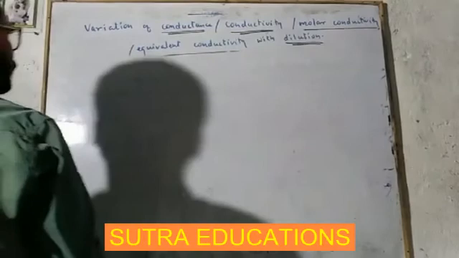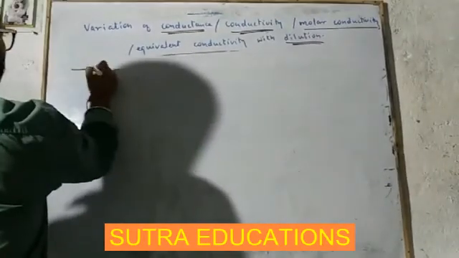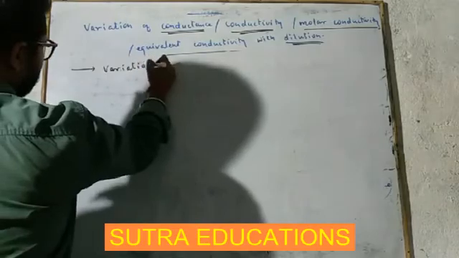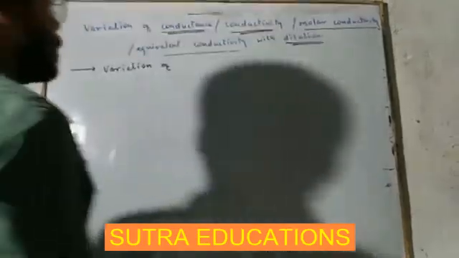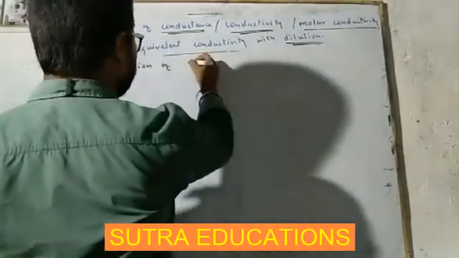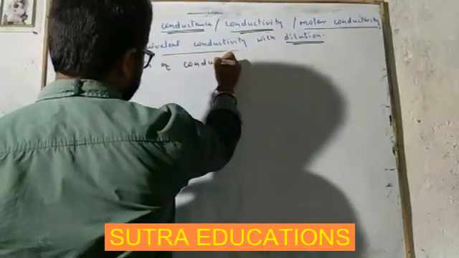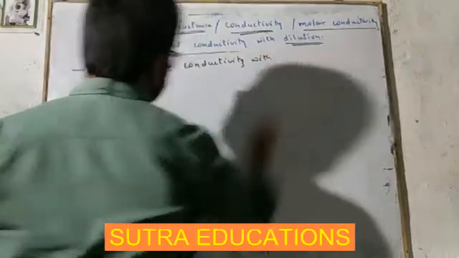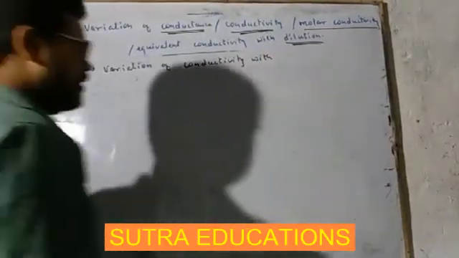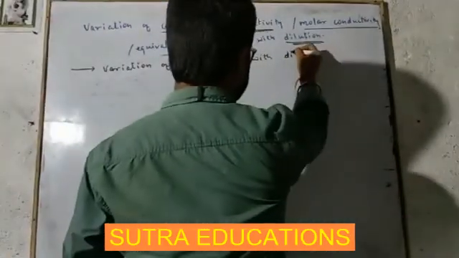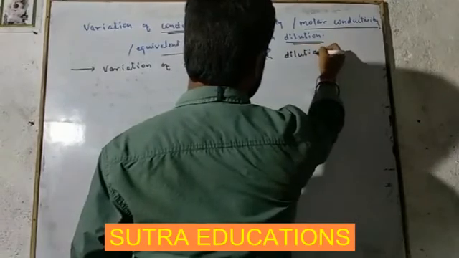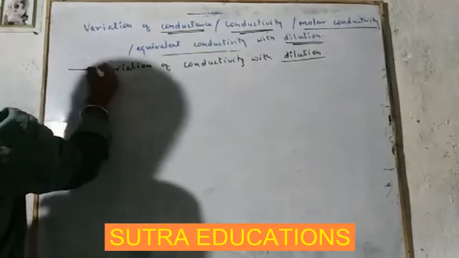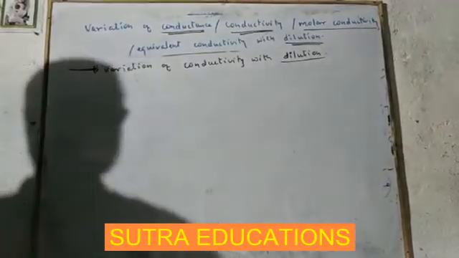So it is the variation of conductivity with dilution. What is this conductivity?